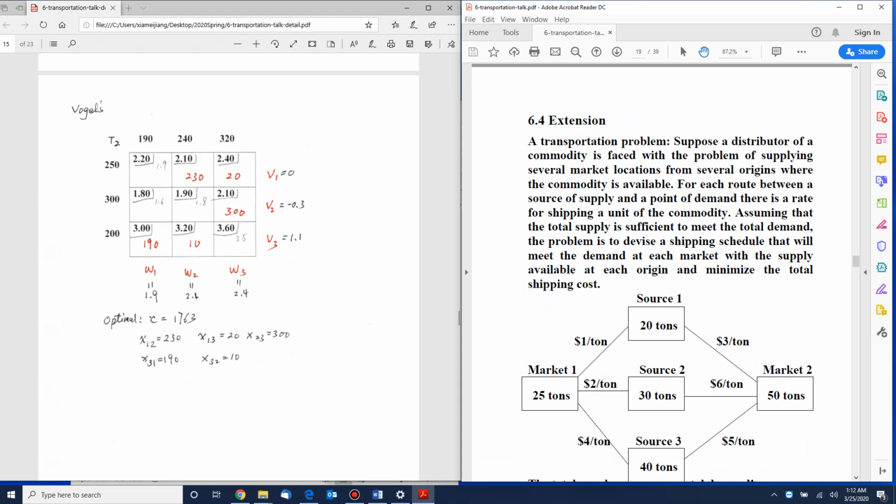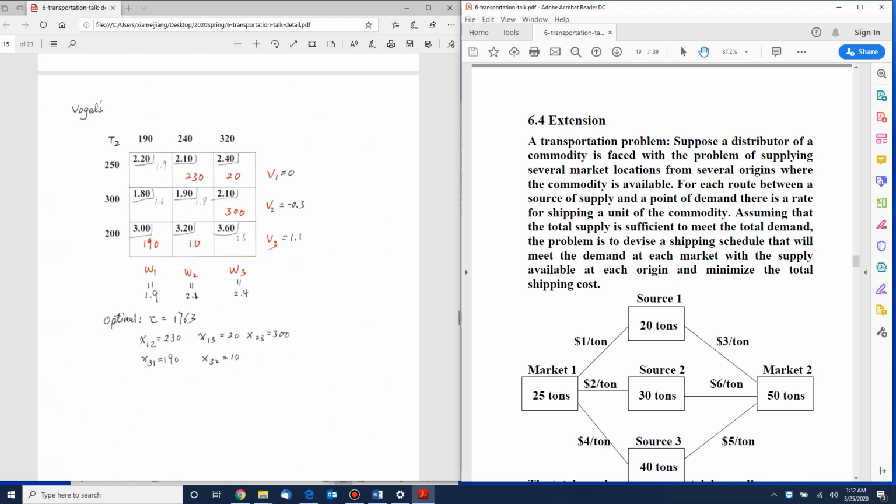For example, here we have a transportation problem. You could see we have three sources and two markets. The commodity we have is source 1 20 tons, source 2 30 tons, and source 3 40 tons, so in total the supply should be 90 tons, right?